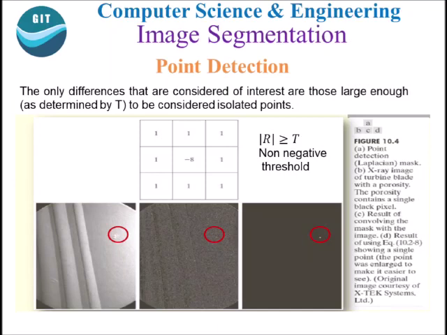So if the absolute value of R computed at location x, y where this mask is centered is greater than T, where T is a non-negative threshold, then we say that an isolated point is detected at the corresponding location x, y.